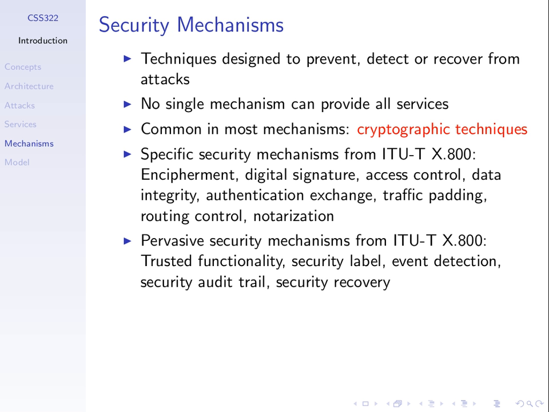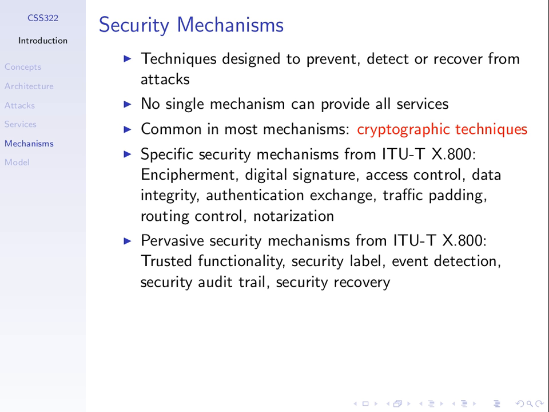Some examples of mechanisms: encipherment, which is really encryption; digital signatures, access control, a firewall is a mechanism; data integrity is in fact a mechanism which can provide the service of data integrity; some exchange of authentication provides authentication; and different techniques or mechanisms are available for non-repudiation and availability and so on.